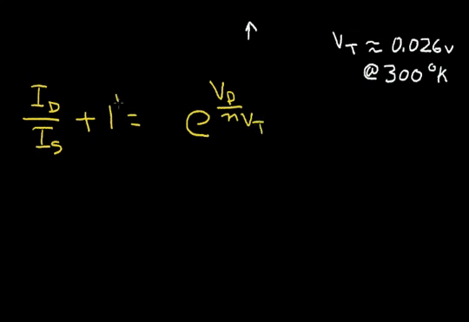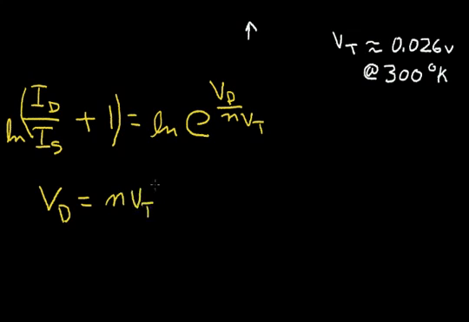Now we can take the natural logarithm, ln, of both sides, and we can rearrange the terms a little bit, and we get the voltage across the diode is equal to N V sub T times the natural log of the current in the diode divided by the diode saturation current, plus 1.